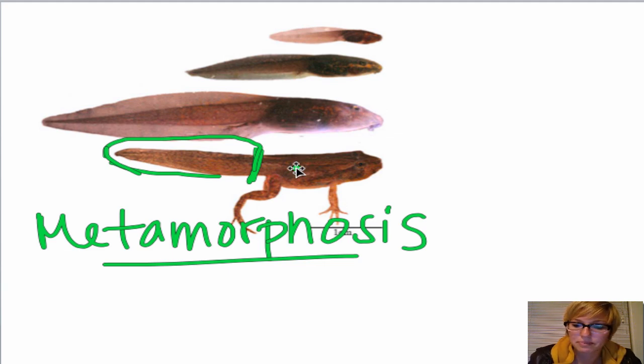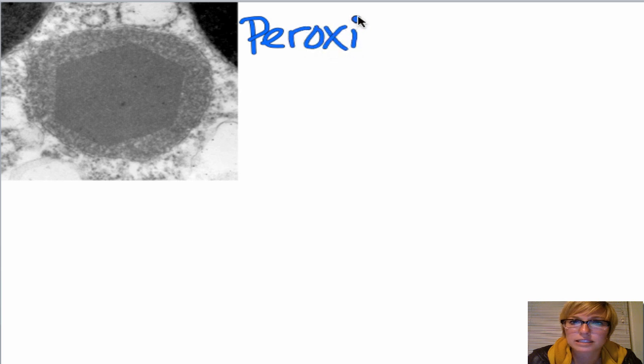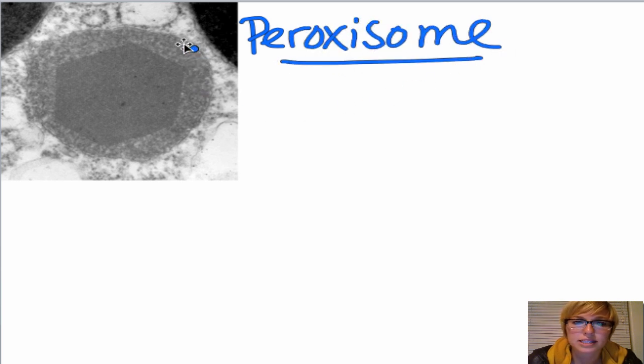Kind of interesting. Another organelle I want to talk about that is related to a lysosome is what's called a peroxisome. Peroxisomes are characterized as a membrane sac.